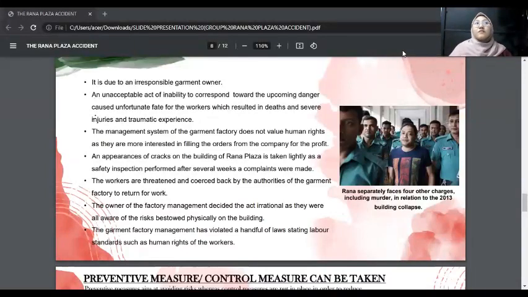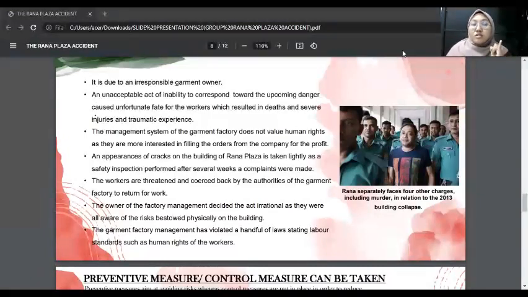After the safety inspection was performed, the lower floors, which were banks, shops, and also apartments, were evacuated from the building, but the garment workers were forced and threatened by the management and the owner, who are known as the authority of the garment factory, to return to work.